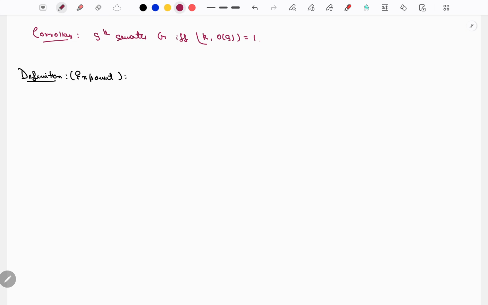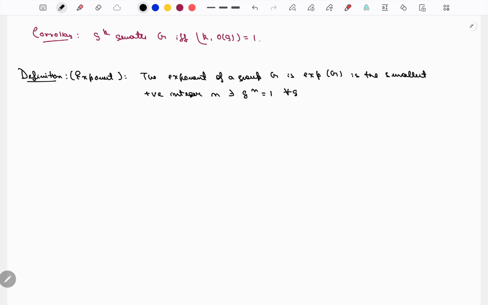Definition: the exponent of a group G, denoted exp of G, is the smallest positive integer n such that g to the power n is equal to 1 for every g in G.